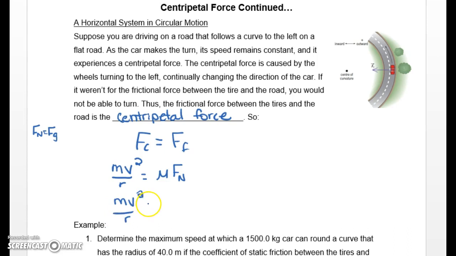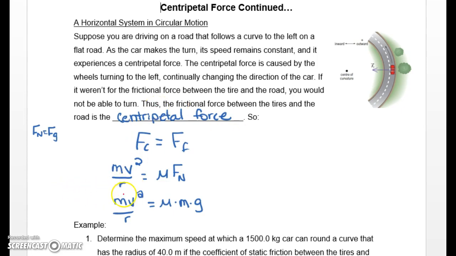So you have your mass times your speed squared divided by your radius is equal to your coefficient of friction times the force due to gravity, which is your mass times the acceleration due to gravity, which we let be g. We can do one final step to simplify this equation, if you want to call it an equation. It has lots of variables going everywhere, but it is a very useful equation.